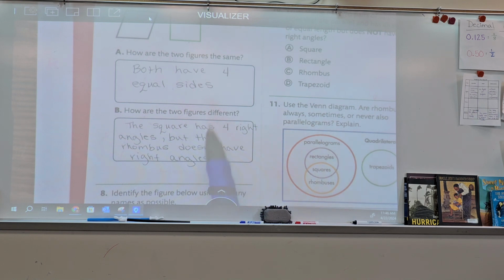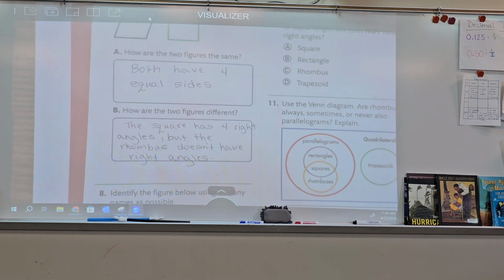So remember, when you're talking about how they're different, you need to mention both shapes. The square has 4 right angles, but the rhombus doesn't have any right angles.